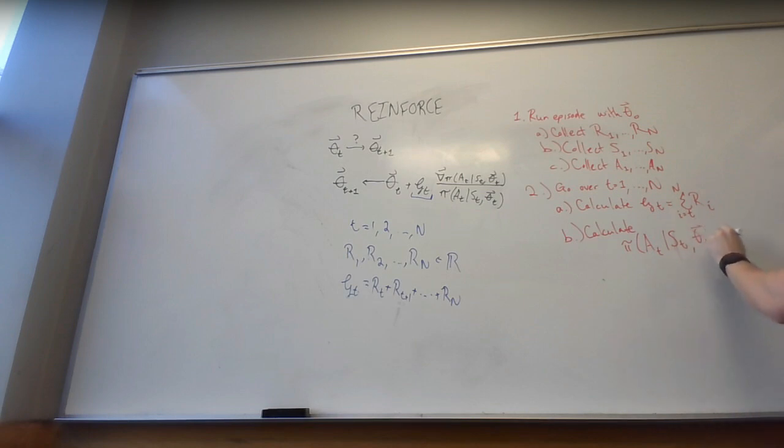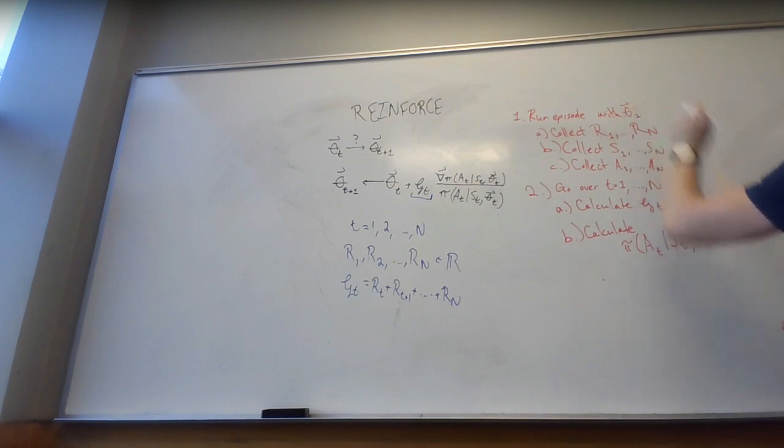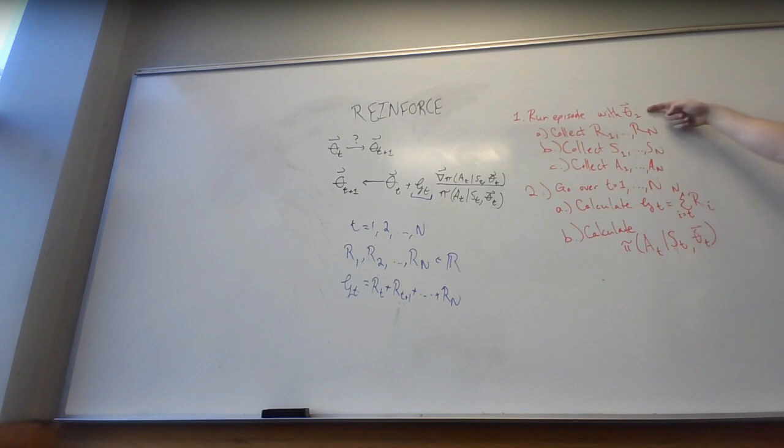I really need to do t minus 1 here. And I should call this theta 1 actually. So we'll just make this that. Okay. So you start with the initial weights, theta 1.